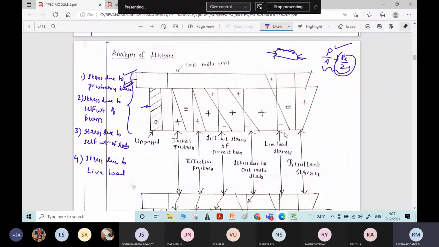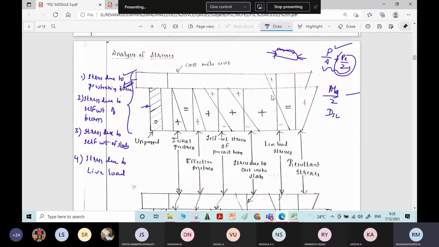Then next is stress due to self weight of the beam. Self weight of the beam you can find knowing the density of the concrete. Moment of inertia you can find, then M by Z, that is mg by Z, will give stress due to the self weight of the beam. Then stress due to self weight of the slab. Dimension of the slab is given and density of the concrete is known, so you can find the dead load of the slab.